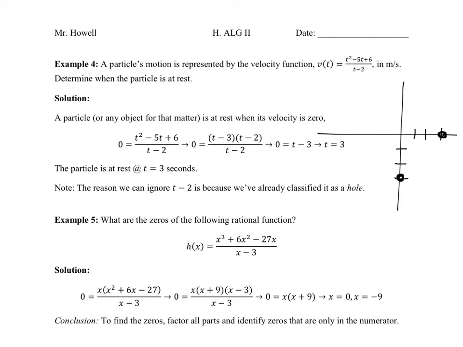Now, when t equals 2, how do I find out the y-coordinate of that hole? Think back. You substitute into your simplified equation. The simplified equation is extremely simple here, isn't it?